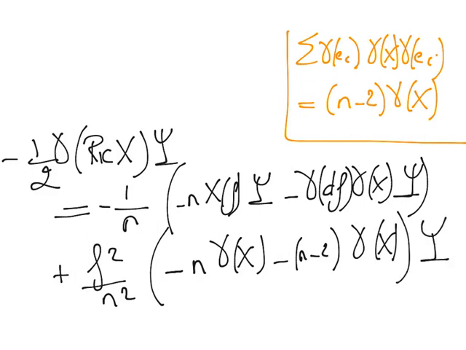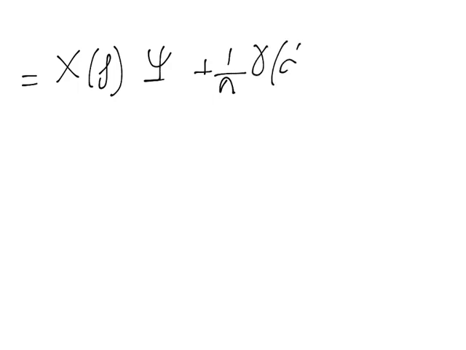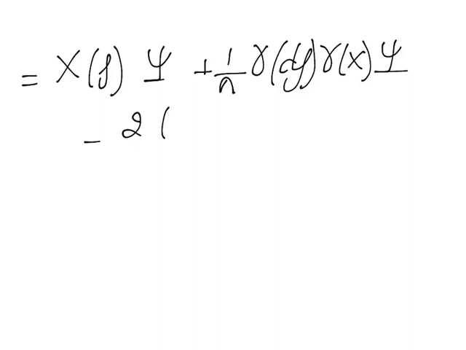And after simplification, this is x(f) psi plus 1 over n gamma df gamma x psi minus 2(n minus 1) over n squared f squared gamma x psi.